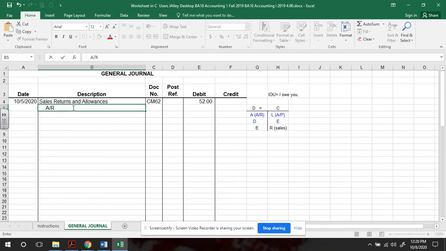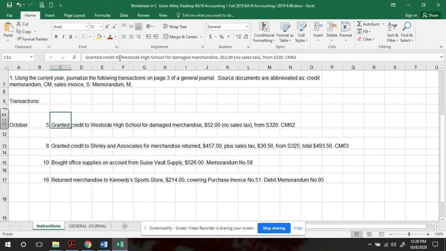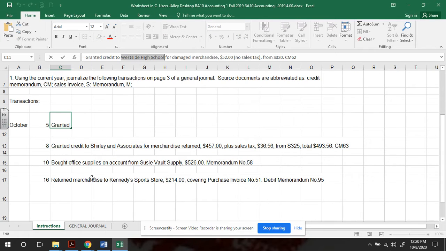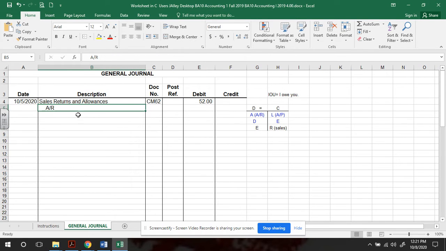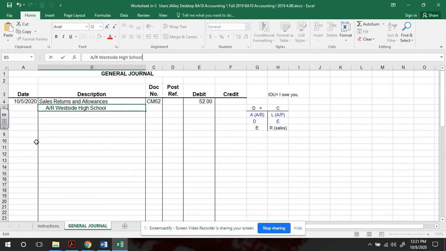So this company, in this case, it was a school, right? They were supposed to pay us this. Accounts receivable means we're waiting to receive it. So this is Westside High School. So Westside High School was an AR.